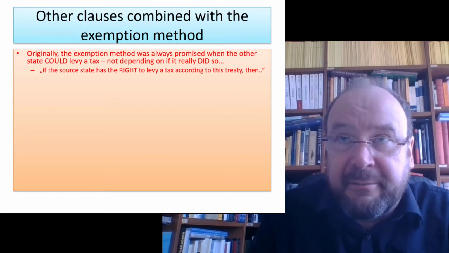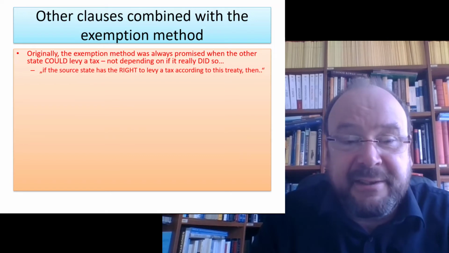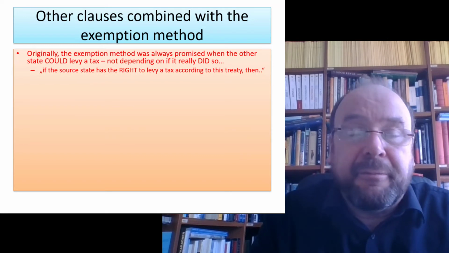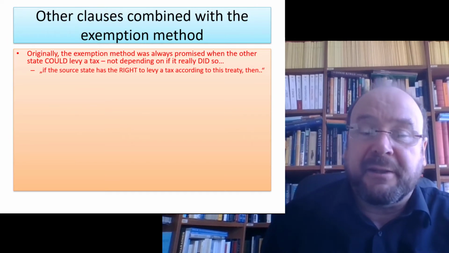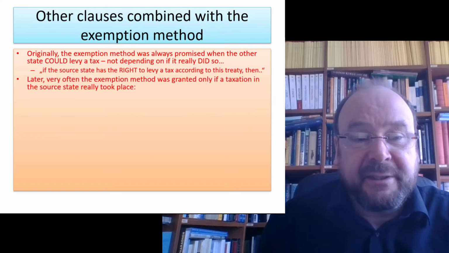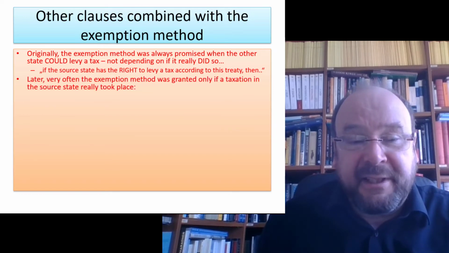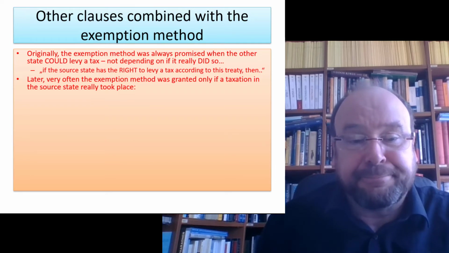This was a bit unfair in favor of the foreign investors, and so the states of residence began to implant or restrict the exemption method to cases where taxation in the source state was not only allowed but really took place.